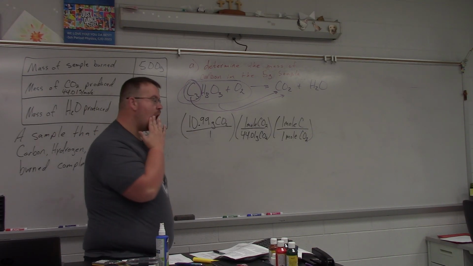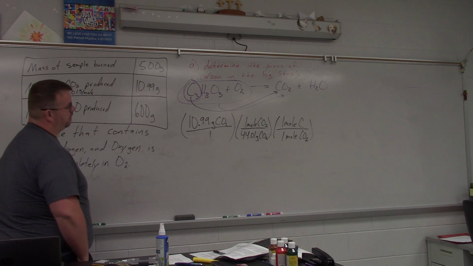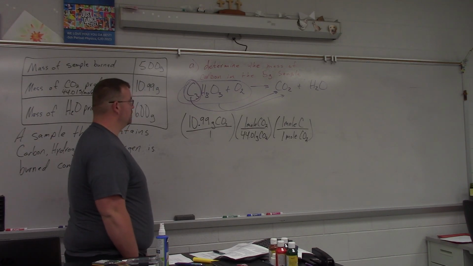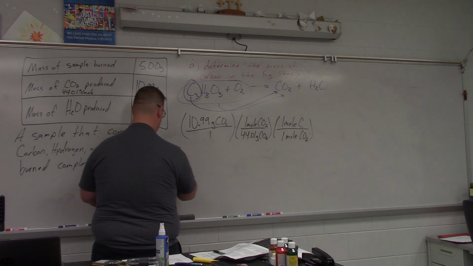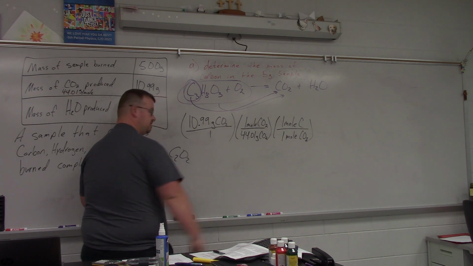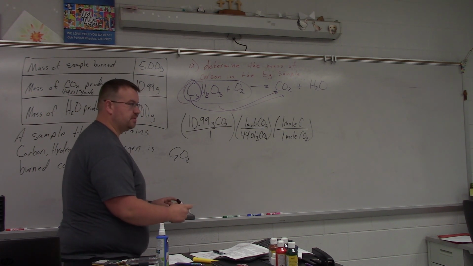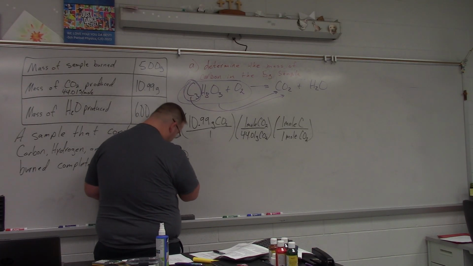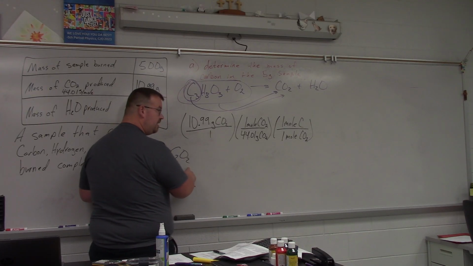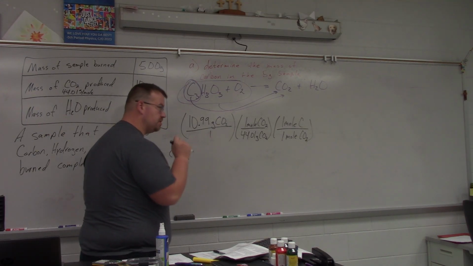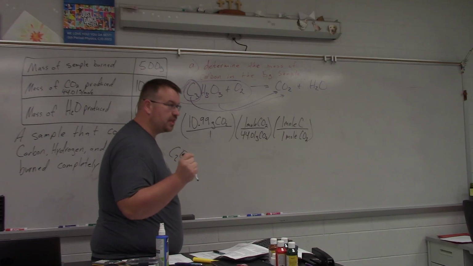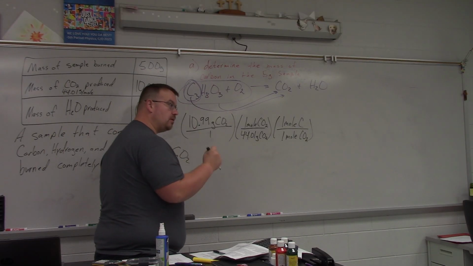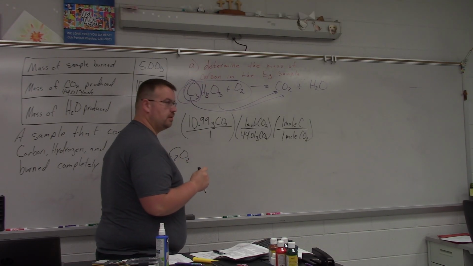Like, if it was not carbon dioxide and it was like C2O2, would you have 2 carbon per? Yes. In that case, if I have 1 mole of C2O2, that means I have 6.022 times 10 to the 23rd molecules of C2O2.